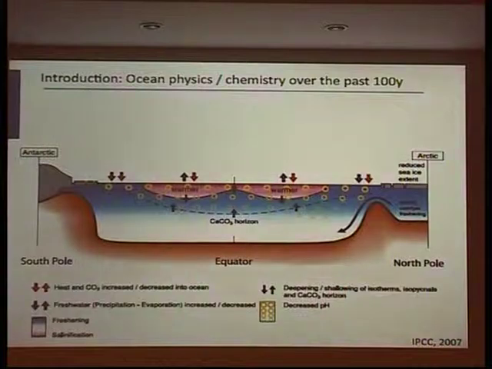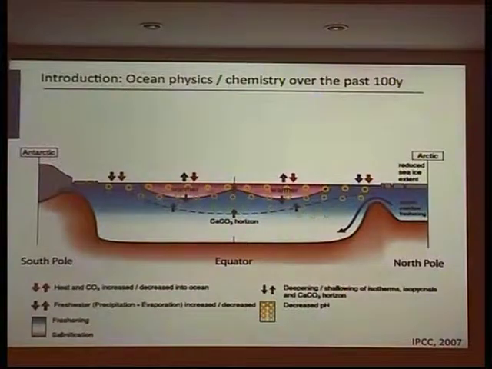So this graphic here comes from the last IPCC report in 2007, and it's a schematic that shows you the different physical and chemical changes that are happening today in the ocean. You have a warmer ocean, here mostly in the tropics but also at mid and high latitudes. You have, of course, reduced sea ice extents. You have freshening of high and mid latitude waters, so changes in the salinity. And you have the chemical changes that I was mentioning.